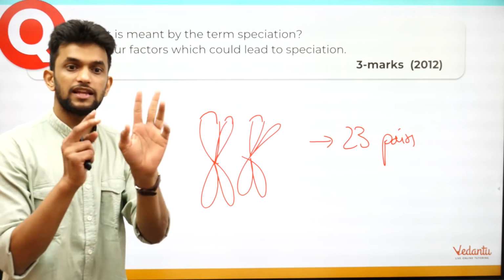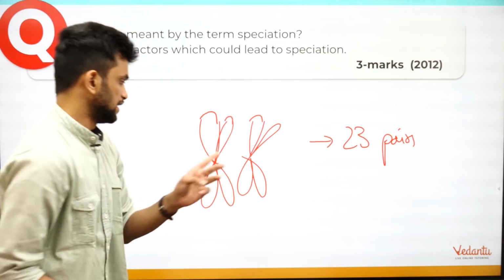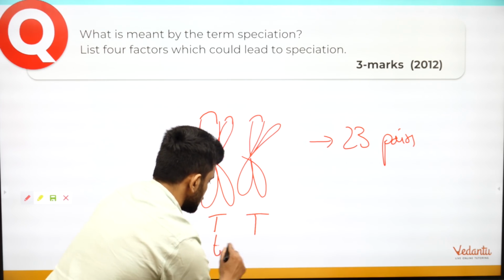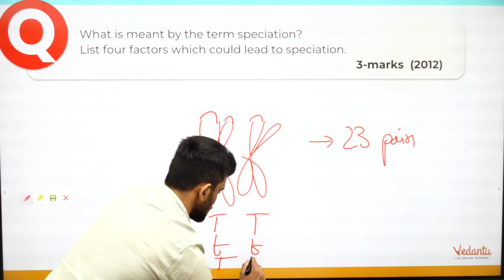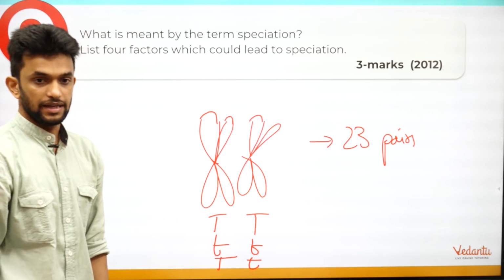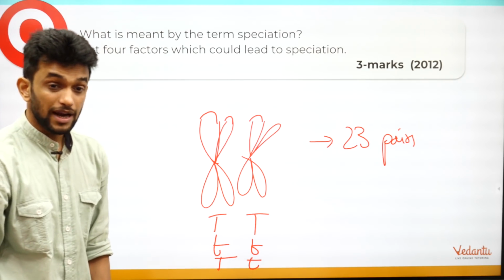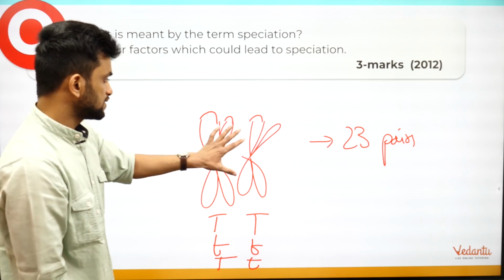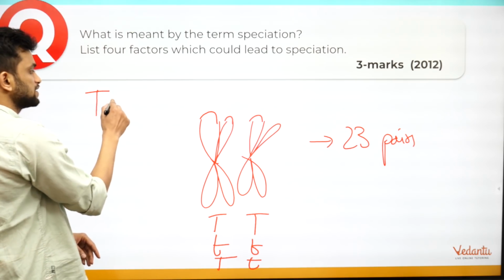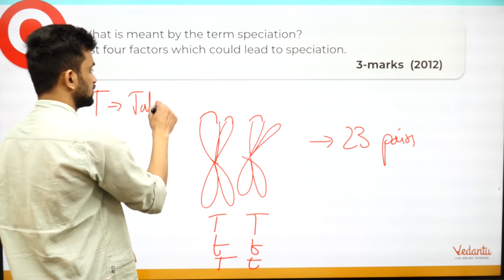So there are three combinations possible. This could have T, tallness, shortness, capital T and small t. People are able to follow what I am trying to tell you? So this chromosome can have what? So capital T represents tallness.